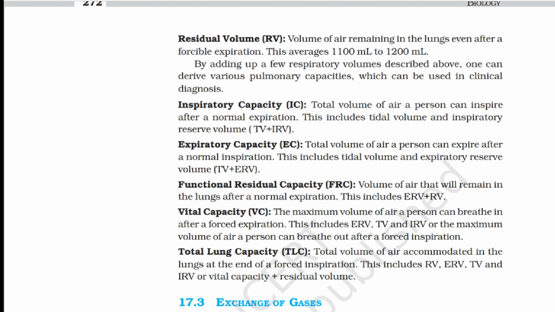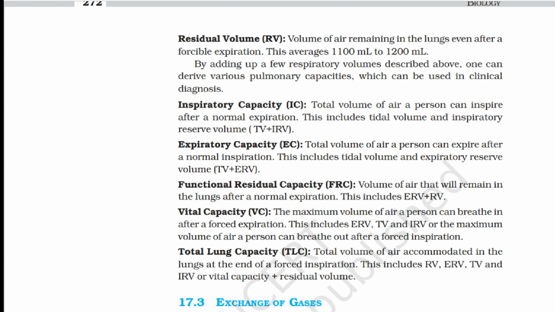By adding up a few respiratory volumes described above, one can derive various pulmonary capacities, which can be used in clinical diagnosis. Inspiratory capacity, IC: total volume of air a person can inspire after a normal expiration. This includes tidal volume and inspiratory reserve volume, TV plus IRV.